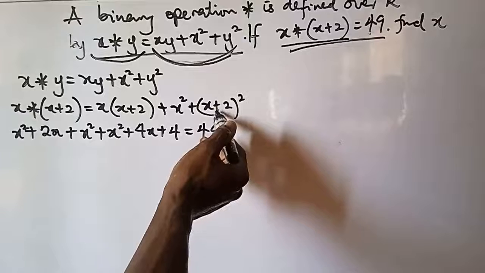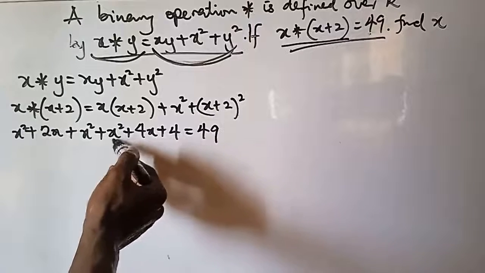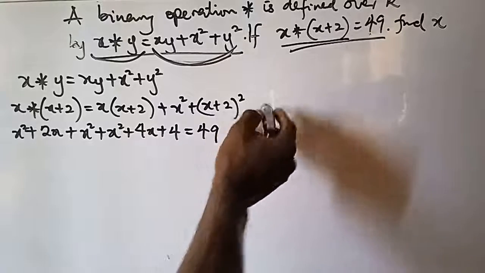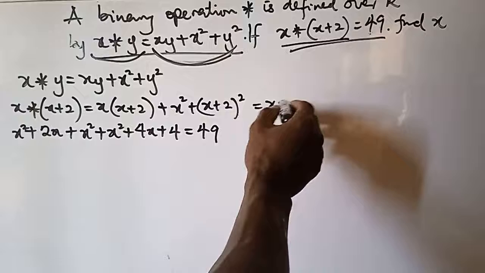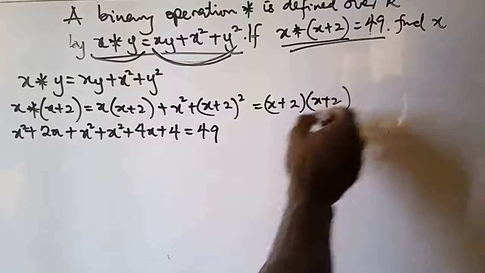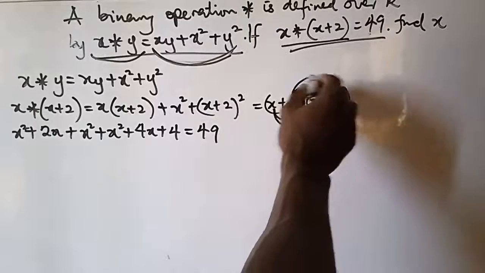You might be asking how I got x squared plus 4x plus 4. When you expand (x plus 2) into (x plus 2), you multiply this times this, this times this, this times this, and this times this.